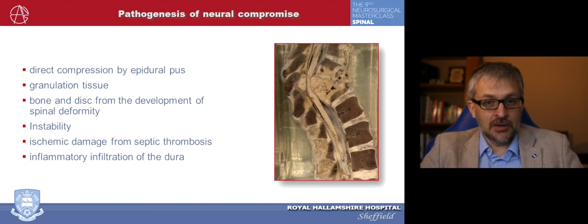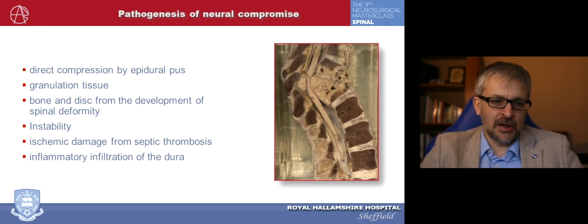Another question we have to answer is why and how patients develop neurological deficit. There are potentially a few mechanisms. You may have direct compression of the spinal cord or nerve roots by epidural pus, which may cause neurological deficit.